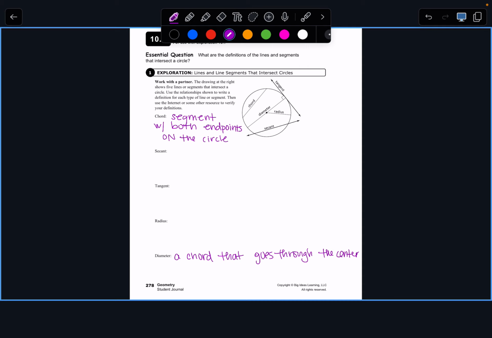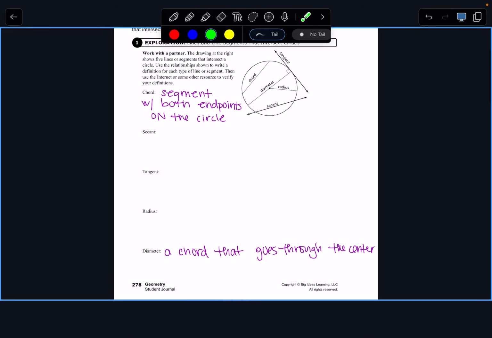All right. Secant. I remember that one. What is a secant? Augie has the answer. He said it's a line that intersects a circle.